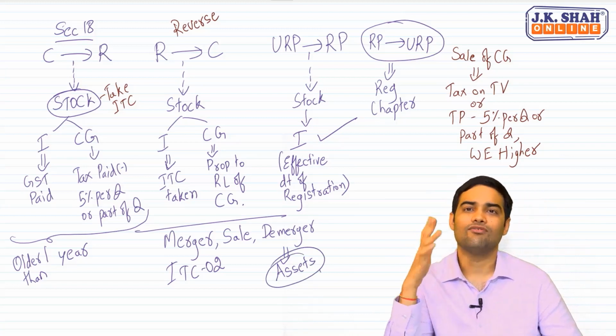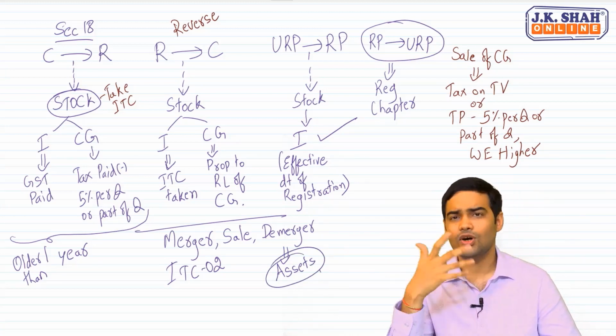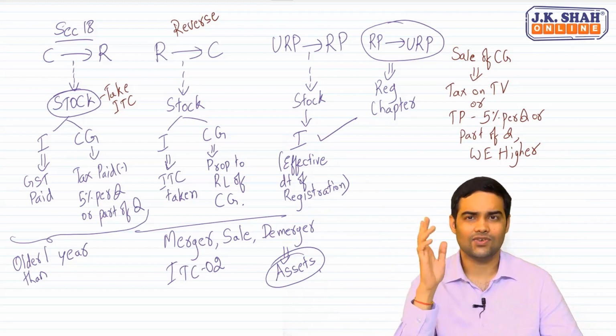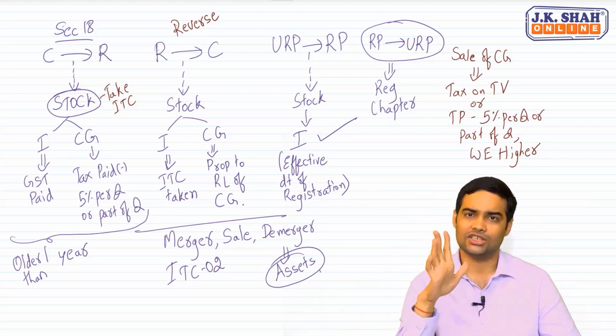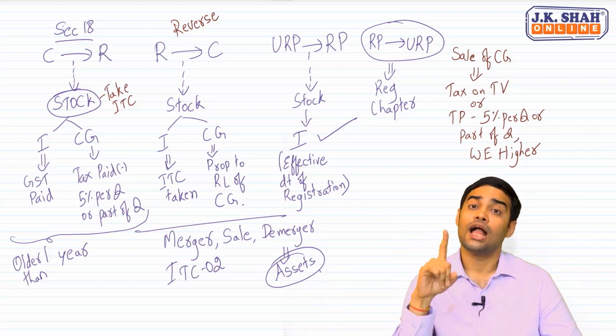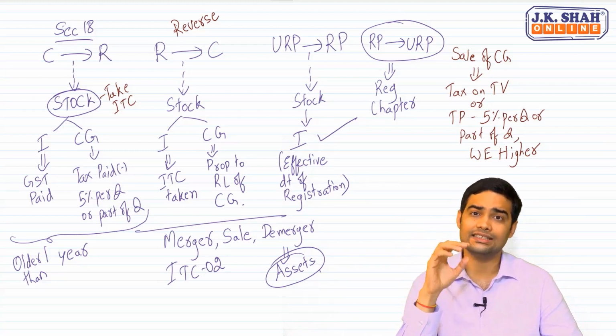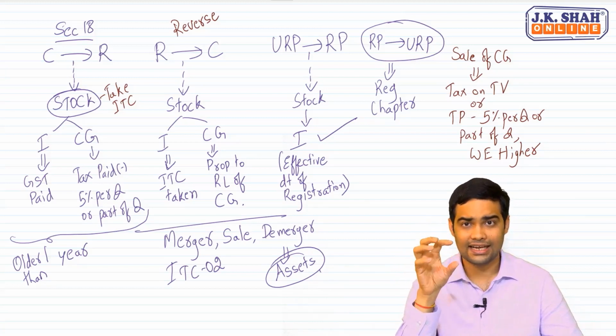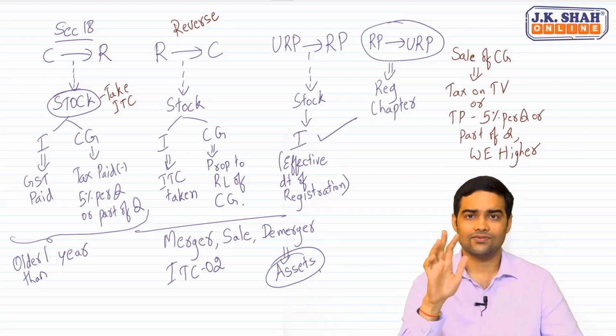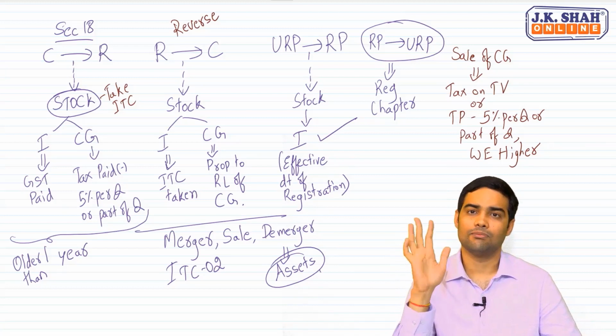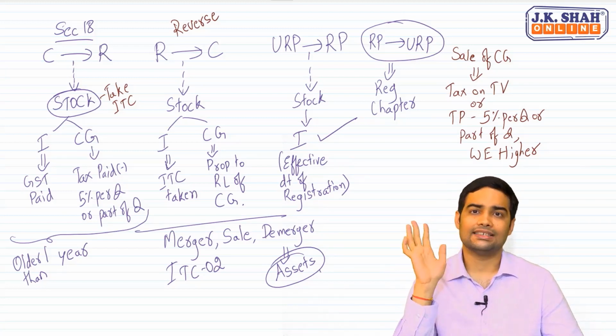And say suppose you have different registrations in different states. For each state, check assets transferred for each registration. Based on that, you transfer the ITC. And don't forget one important thing. IGST, CGST, SGST, which is there as ITC, you can transfer it in case of demerger based on the assets transfer.